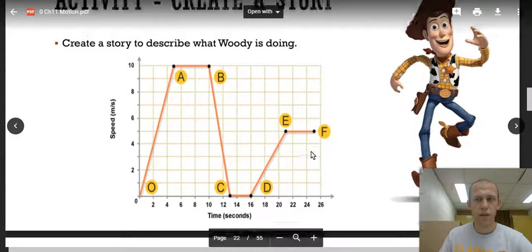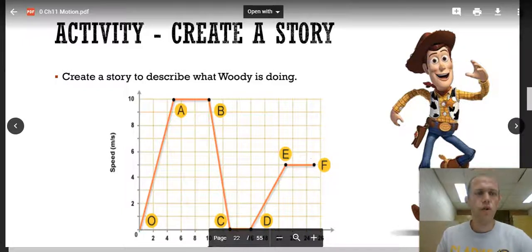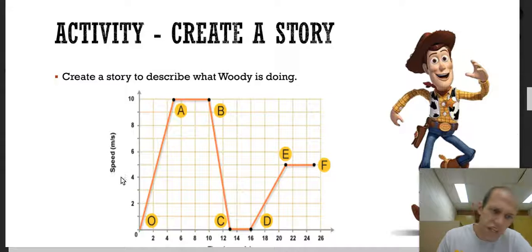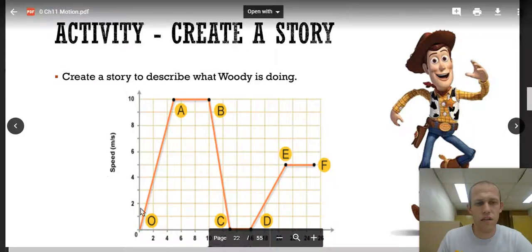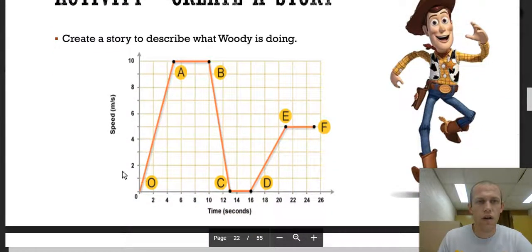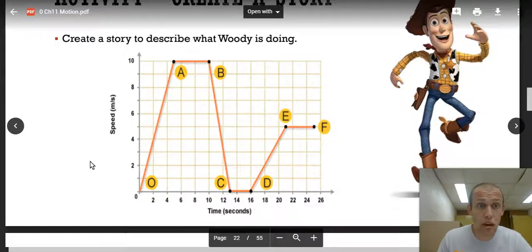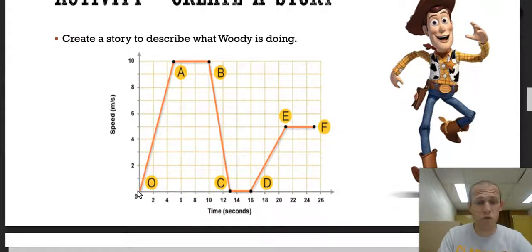All right, let's look at Woody a little bit here. So create a story that would describe what Woody is doing. So notice here we have a speed time graph. All right, so a velocity time graph, you also could think about it like that. Okay, so speed. His speed is 0 at the start, so he's not moving.